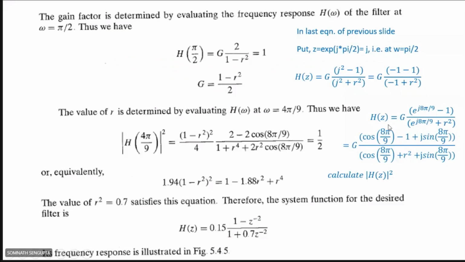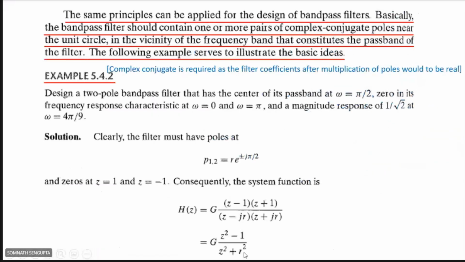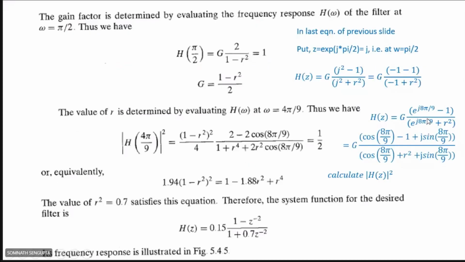Now in the same equation we write the values of z square. Z square is there: z square minus 1 over z square plus r square. So z square should be e to the power j into 8 pi by 9, because the frequency is 4 pi by 9, and squared it is 8 pi by 9: e to the power j 8 pi by 9 minus 1 divided by e to the power j 8 pi by 9 plus r square.